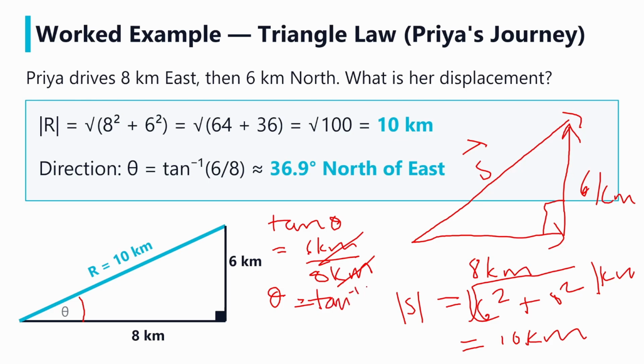So tan inverse of 0.75 will give you approximately 36.9 degrees. In math you usually get answers in radians because it's easy for the unit circle, but for physics you usually take degrees, unless you're doing circular motion, but we'll come to that much later in the course.